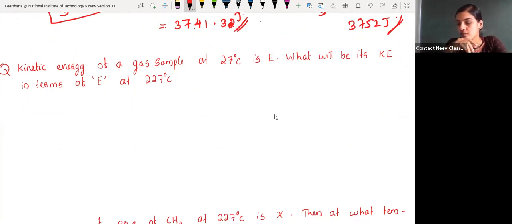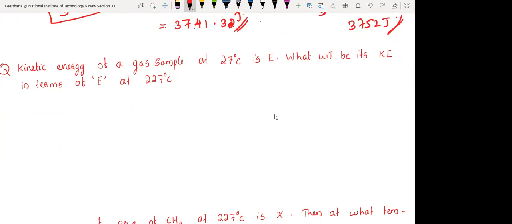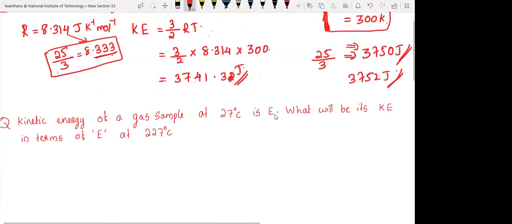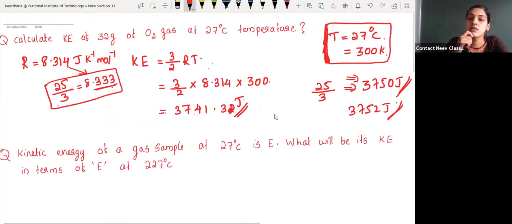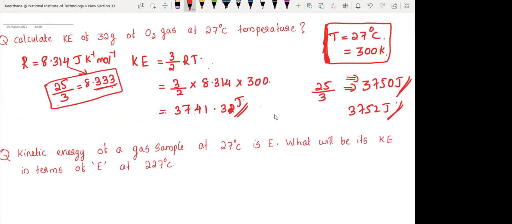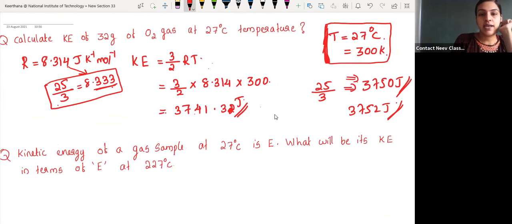Ma'am, I have a doubt in the previous question. What's the role of 32 here? 32 grams. Remember, you can write the 3/2 nRT equation.